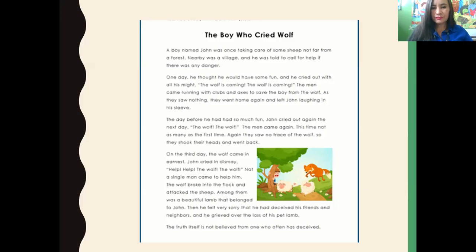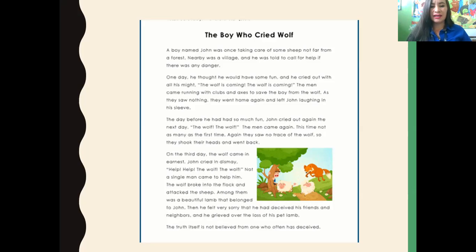He said, "The wolf is coming! The wolf is coming!" The men came running with clubs and axes to save the boy from the wolf. As they saw nothing, they went home again and left John laughing in his sleep. The day before, he had had so much fun.